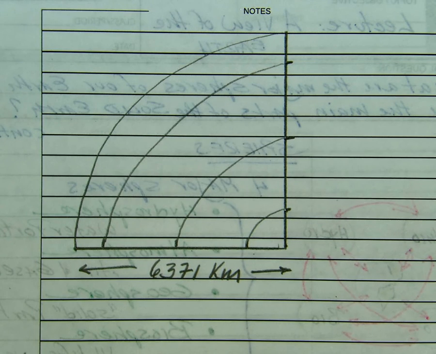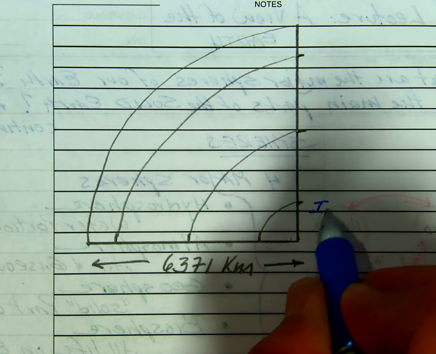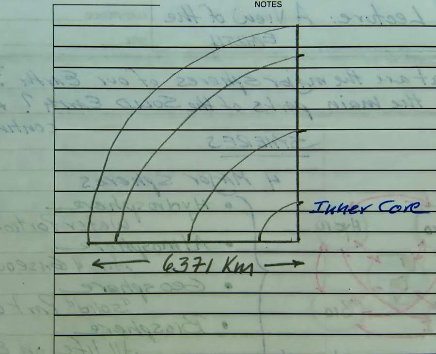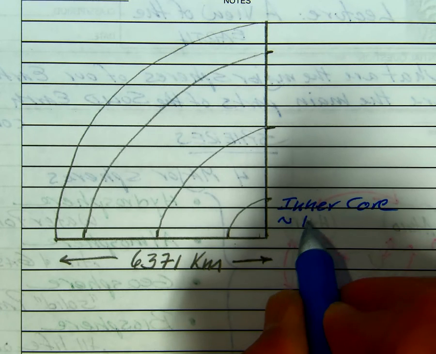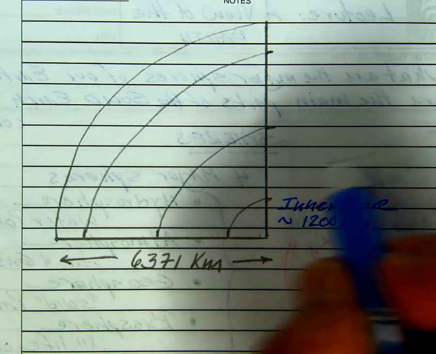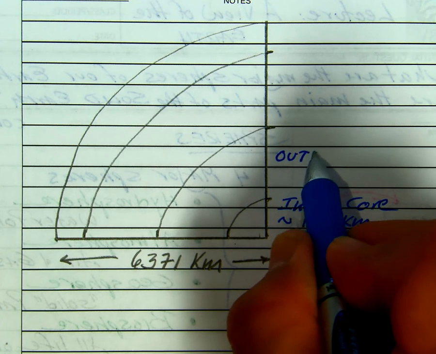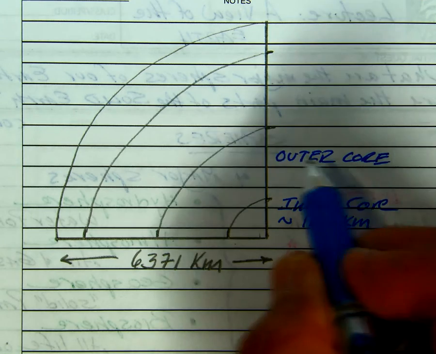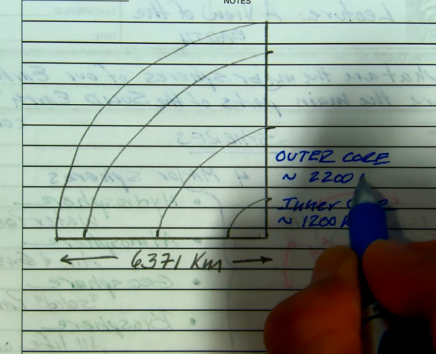So what we need to understand is that here is the inner core, approximately 1,200 kilometers. The outer core, approximately 2,200 kilometers.